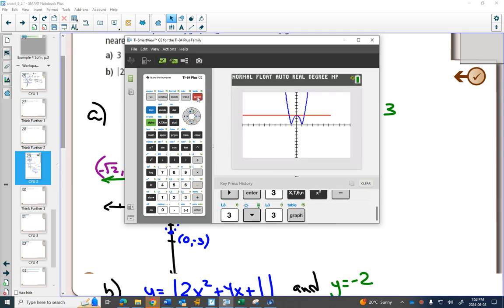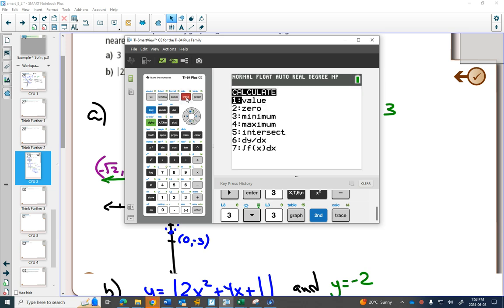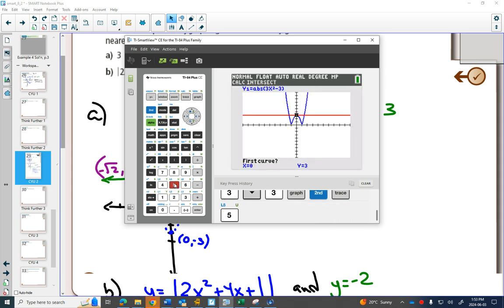So when you hit graph, the blue one has that W that comes across. Finding where these two graphs intersect on your graphing calculator is done by hitting the calculate button above the trace button. So I go second, trace, and number 5, I want to find out where they intersect. It will find the closest one to where the cursor is.